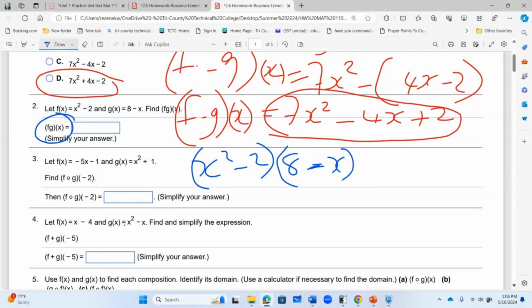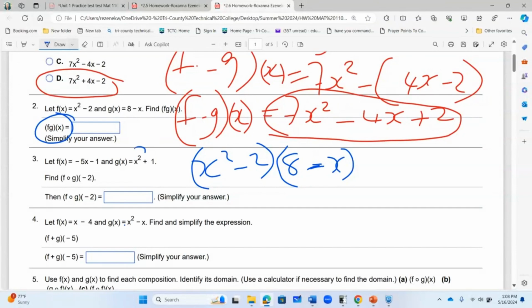What do you do? You will distribute, multiply one function with the other. Remember, you can FOIL it. By the way, you cannot multiply this with your calculator. So there are things you'll be given that you must do algebraically or analytically. You cannot do this one by calculator.